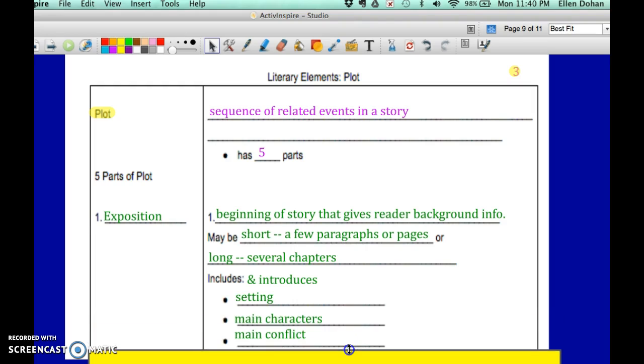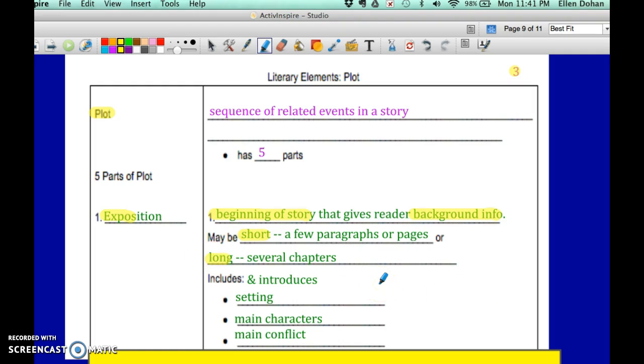There's actually quite a bit to exposition. The first part, again, is exposition. If you look at the word, to expose means to reveal. So we're revealing the background information. It's the beginning of the story, and it gives the reader background information. The exposition may be short, just a few paragraphs or a couple of pages, or it may be long.